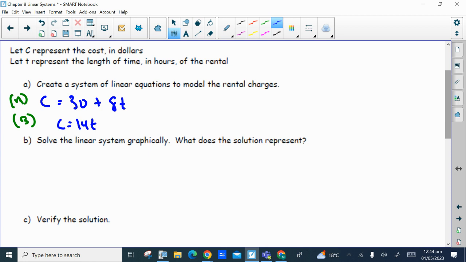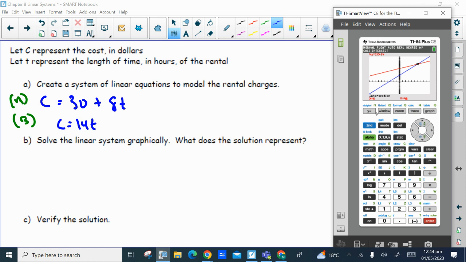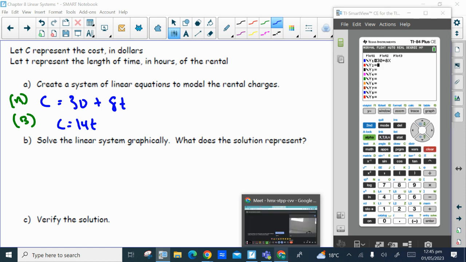And we want to solve this system graphically, so we will use our graphing calculator for this. Go to y equals, clear that first equation, and replace it with 30 plus 8x. Now there is no other variable in our calculator except x. So even though we have 8t written down, the only variable we have to use in our calculator is the variable x. So there's that first equation.